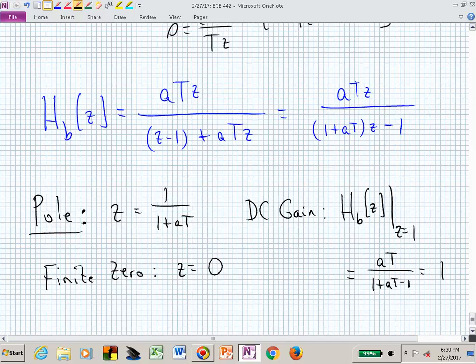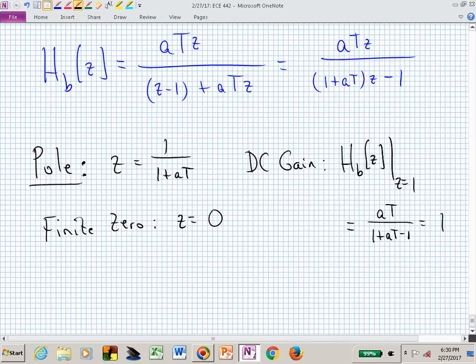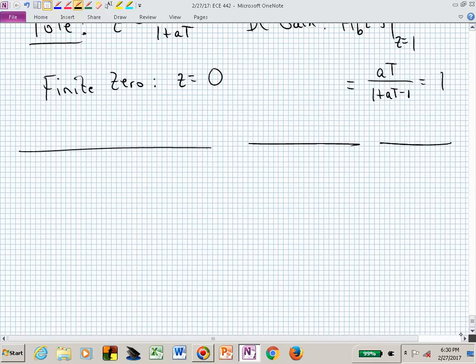Still 1. Looking good, huh? So we have a pole inside the unit circle. We now have a finite 0. That's okay. It's fast. And we have a DC gain of 1. Let's do this another time.